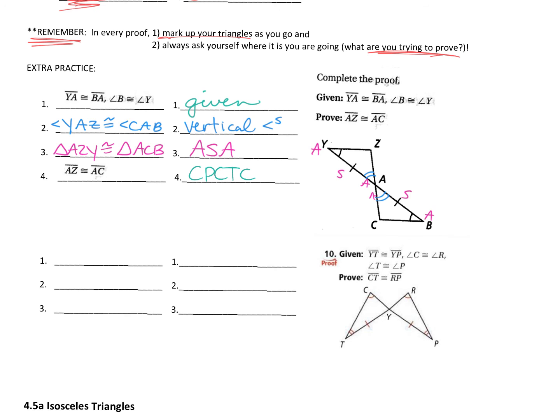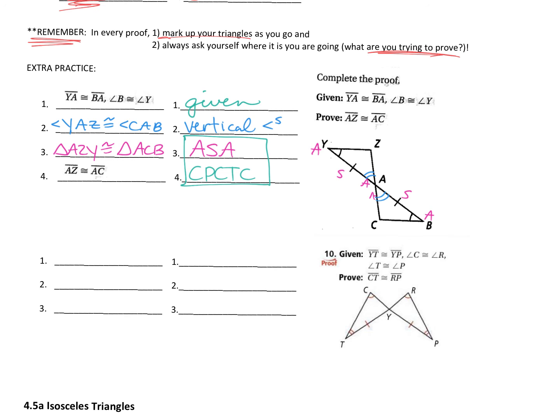Okay. Notice what has happened every single time. It's a 3-letter theorem followed by the 5 letters, right? SAS followed by CPCTC. ASA followed by CPCTC. AAS followed by CPCTC. It will happen that way every time. CPCTC cannot come before SSS, SAS, ASA, or AAS. It cannot, okay? Because the only time you can use it is if you've proved triangles congruent.